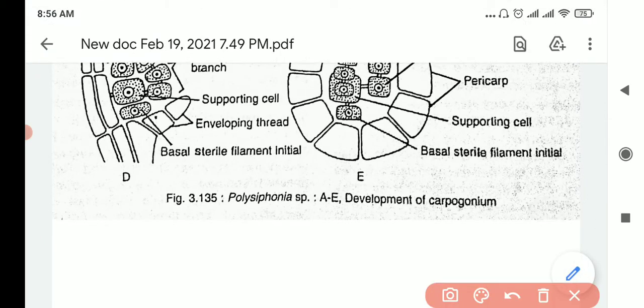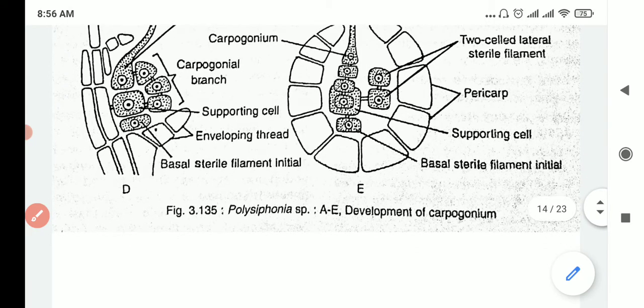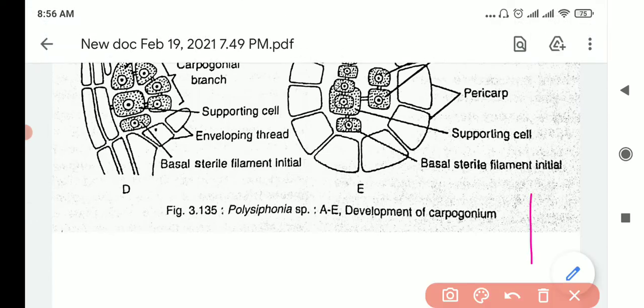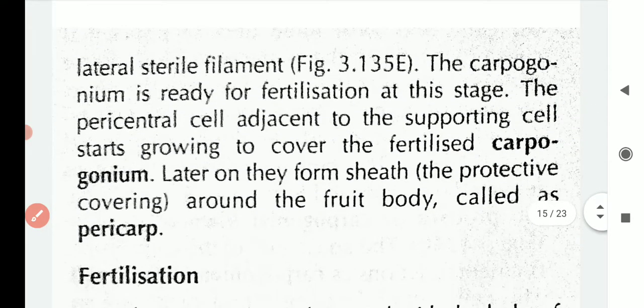So that's why we see two-celled lateral sterile filaments. Let me say again for the supporting part. From this supporting cell, we will get one basal initial cell and one lateral sterile initial cell. Then that lateral one will divide and form two. Okay, so easy enough. Now this is final. So the carpogonium is ready for fertilization at this stage.